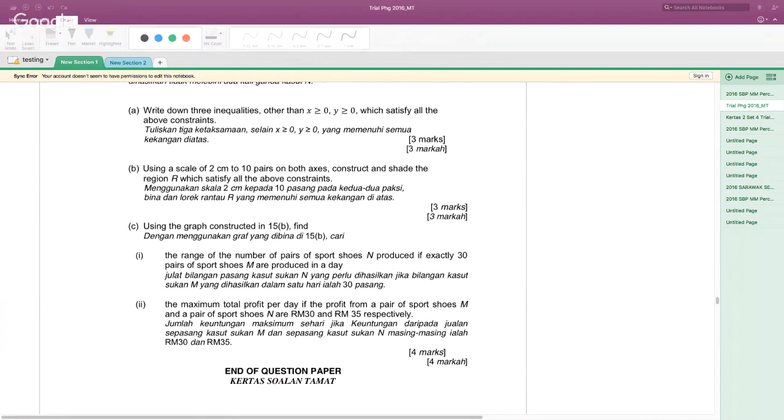But my mouse cursor is missing. Okay, let me just restart everything. I'm so sorry about that. I couldn't solve the problem.